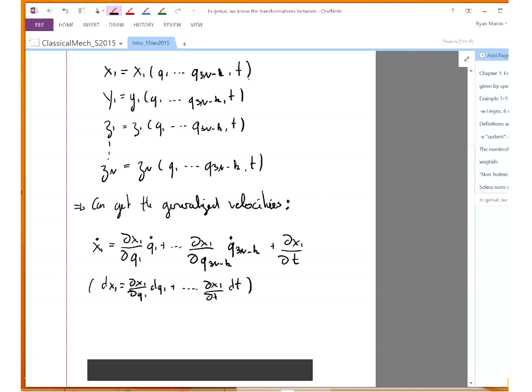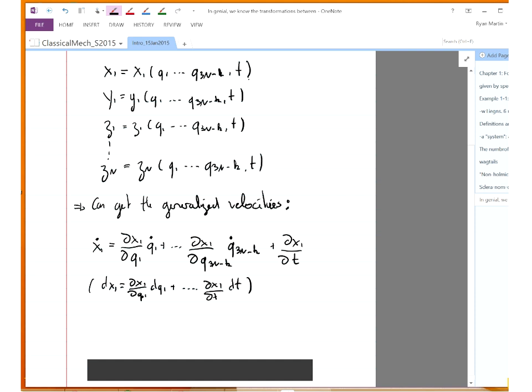A small change in x1 is, because of the chain rule and the partial derivatives, the di x1 by di q1 times dq1 for all the things that x depends on, including t. So there's a term in t at the end. And if I want dx1 by dt, I'm basically dividing the dt out of this equation.